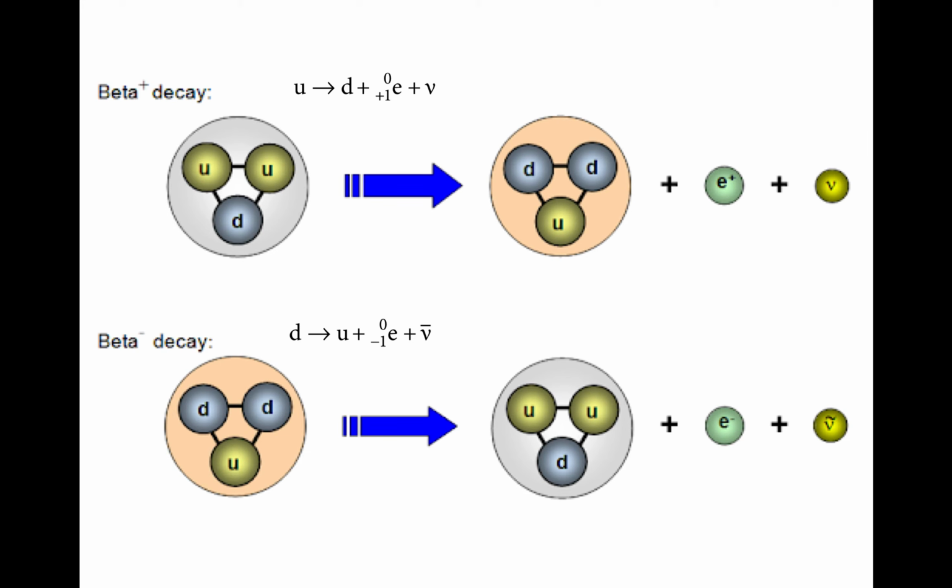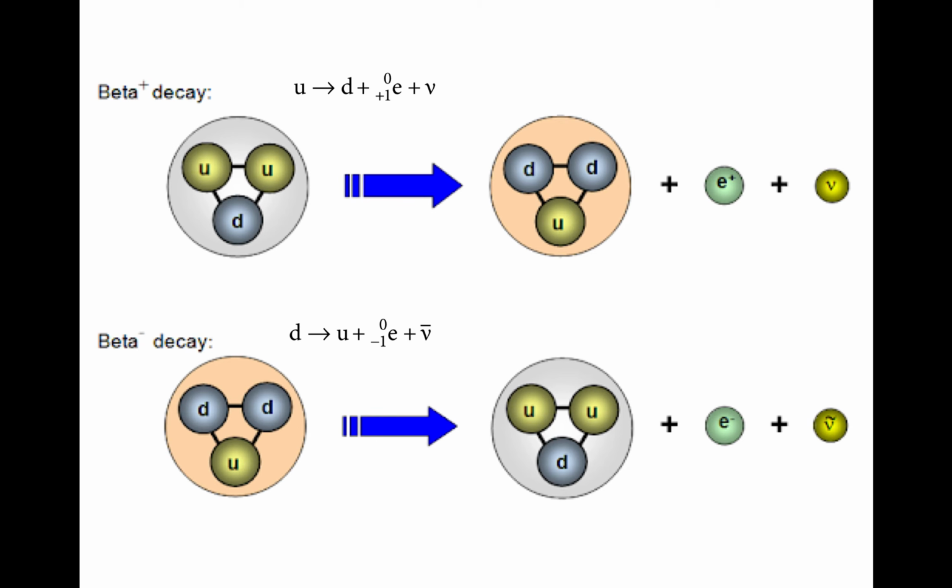So in beta plus decay, we see that there is an up quark that is converting itself to a down quark with the release of a positron and a neutrino. In the diagram, we see that there is an up-up-down quark combination, which is a proton in this case on the left, converting to an up-down-down quark combination, which is a neutron with the emission of a positron and a neutrino.